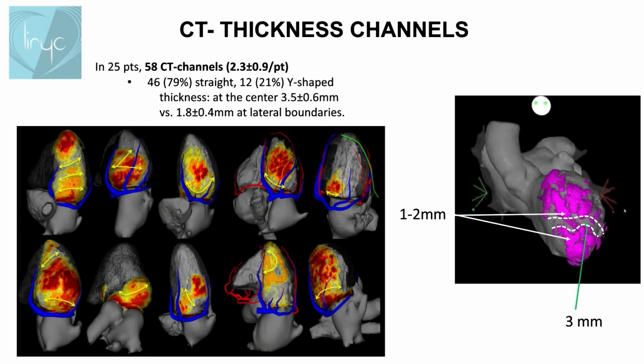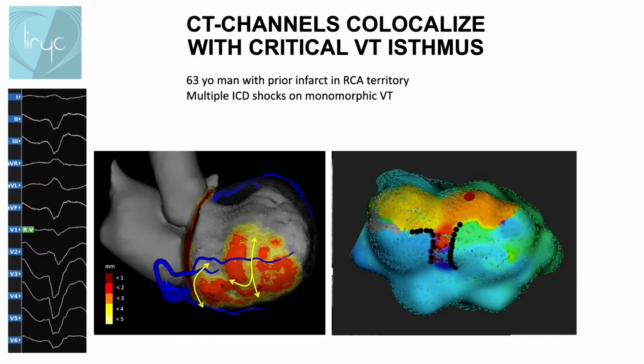And you can start running artificial intelligence as well, which is probably very promising with this topic. And this is showing you one of these validations where we've got both the digital twin of the patient with color-coded wall thickness and the VT that was induced, confirming that the VT isthmus matches perfectly with the CT channel.